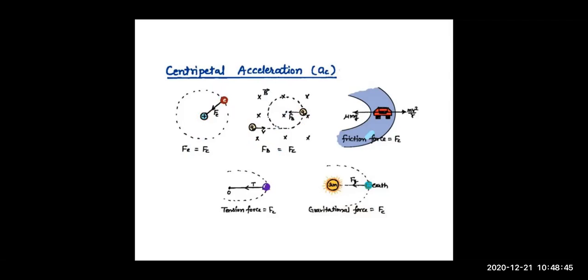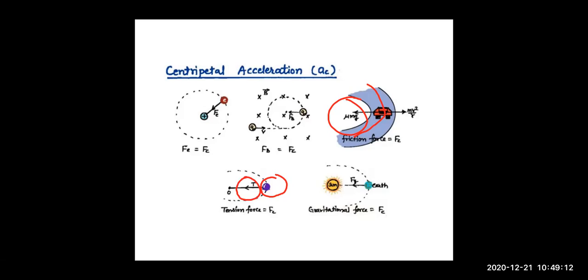Similarly, when a car is moving on a circular turn, at that time the necessary centripetal force is provided by the frictional force. Right, and suppose you tie a stone with a thread and then you rotate it, then the stone moves on a circular path. There the centripetal force is provided by the tension in the string.